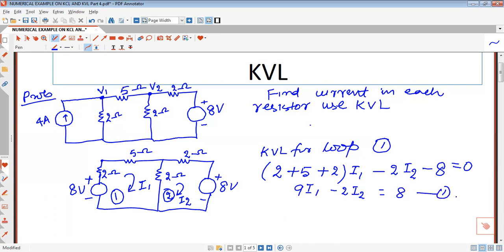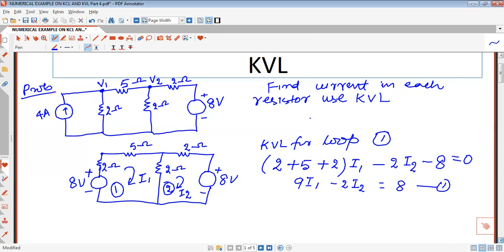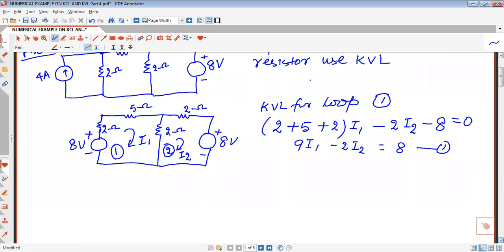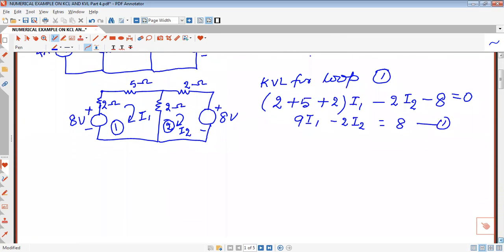Similarly, we can write the Kirchhoff voltage law for loop number 2, KVL for loop 2. We can see very easily that I2 is flowing in this 2 ohm resistance, coming here, going back again through 2 ohm.